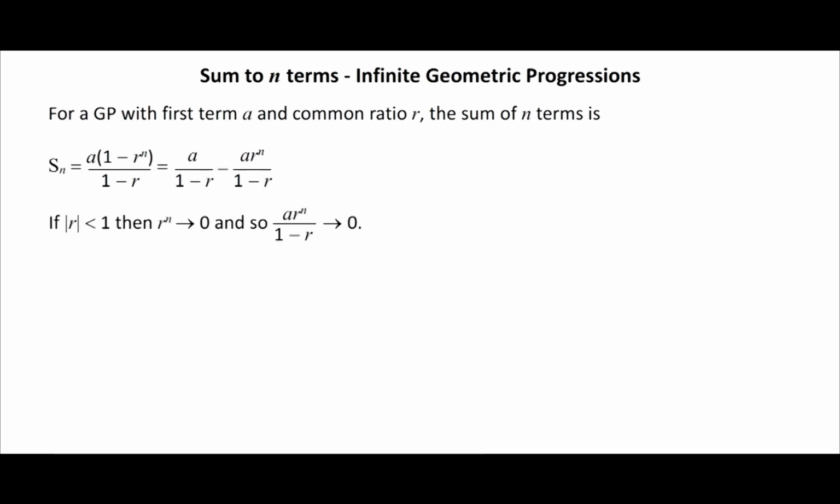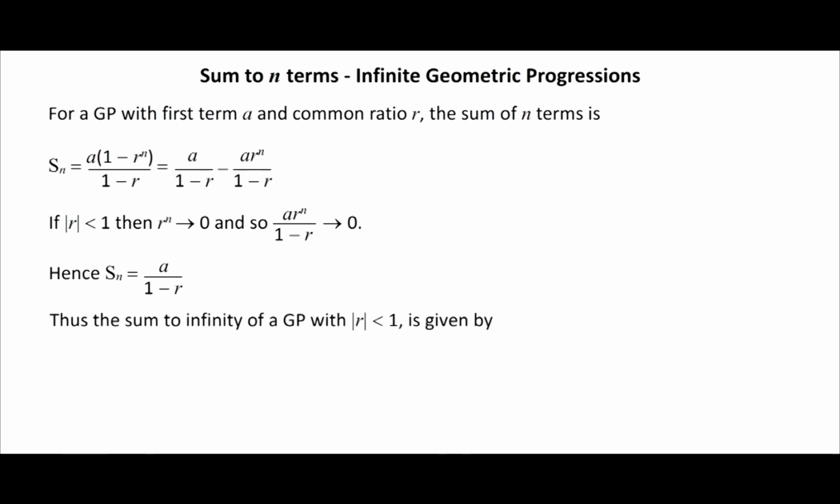If the modulus of r is less than 1, then r to the power n tends to 0, and so a into r to the power n divided by (1 minus r) tends to 0. Hence, Sn is equal to a divided by (1 minus r).